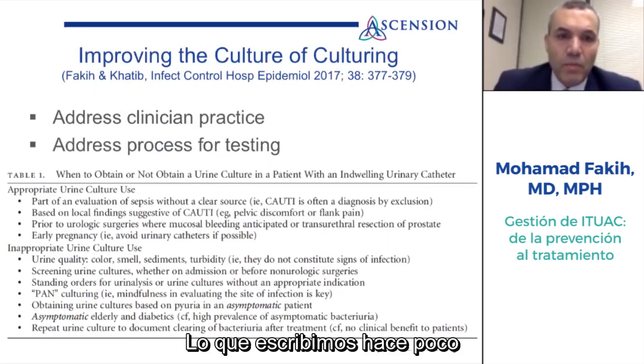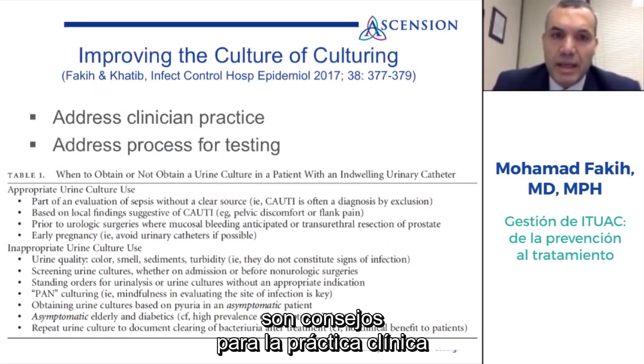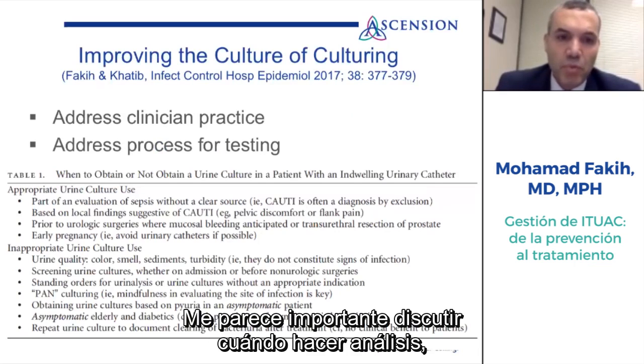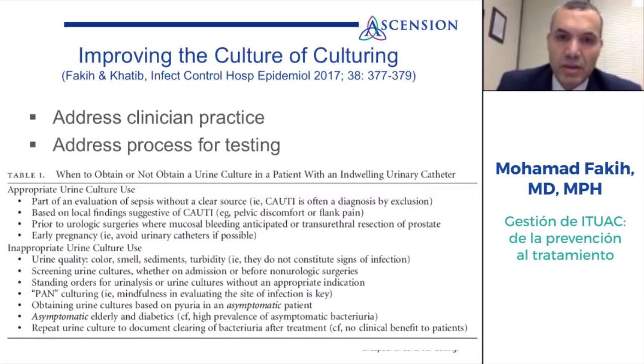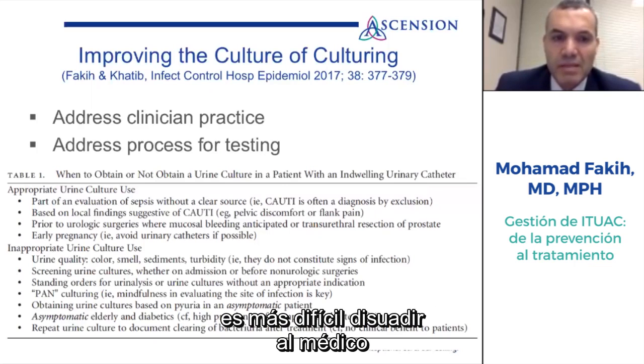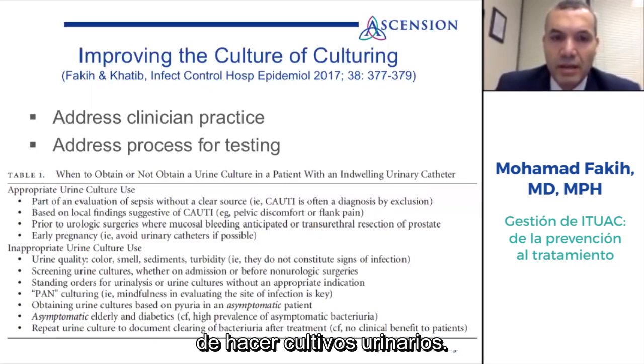So what we have written recently is some advice on how to address the clinician practice and address the process for testing, because I think it's very important to address when to test, when to do the urine cultures. If the urine culture is out and there is bacteriuria, it's much harder to push back with the physicians on not doing urine cultures.